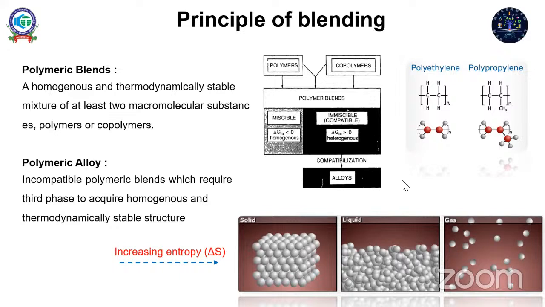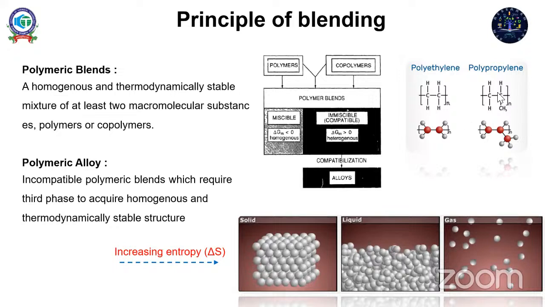Okay, fine. When you mix polyethylene and polypropylene, you might think that since these two polymers have the same kind of structure, that might help them mix well with each other. But this actually is not the case.